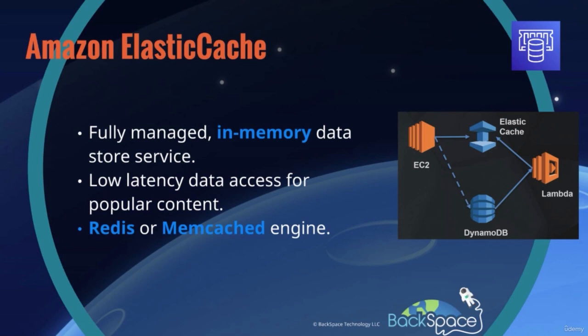And we'll have a Lambda function, which will be automatically synchronizing between DynamoDB and Elasticache for that regularly used content. So by doing that, you're going to get the best of both worlds. You're going to be getting a really good low-cost solution with DynamoDB, and you're going to get very fast access to regularly accessed content using Elasticache.